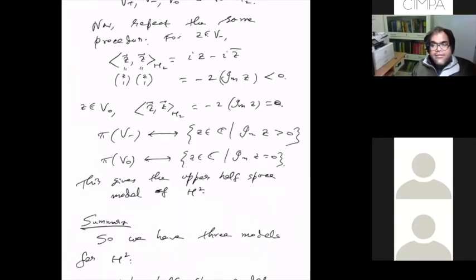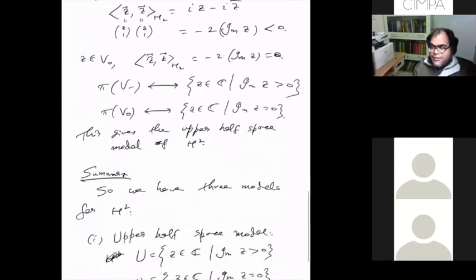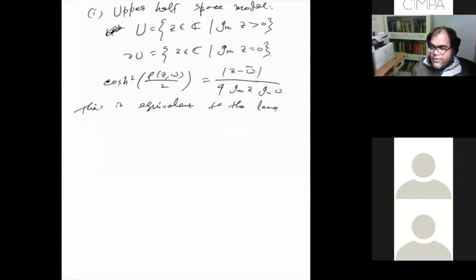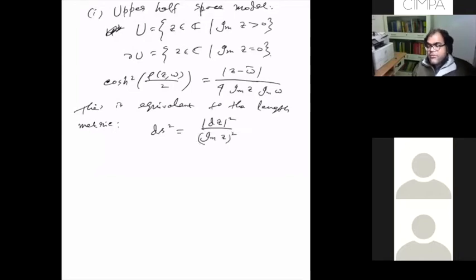So for imaginary z and imaginary w, the corresponding length metric is ds squared equals mod dz squared by imaginary z squared.